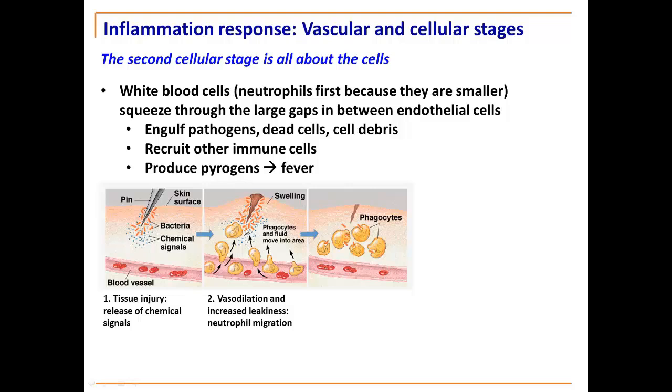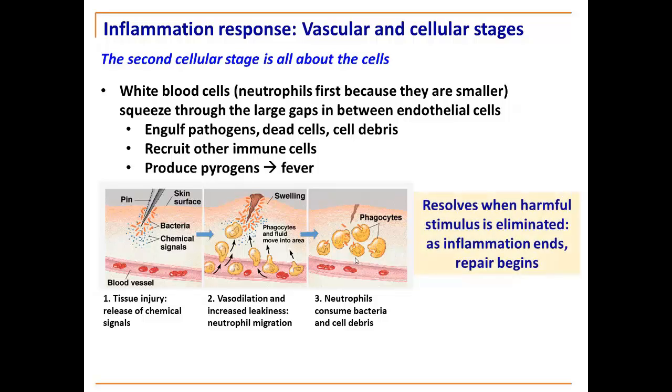So that's leading to our edema. And then, as we start to go into that resolution phase, the neutrophils consume the bacteria and cell debris, and then the macrophages come in and consume those neutrophils that have undergone apoptosis. So it's resolved when the harmful stimulus is eliminated, and as inflammation ends, repair processes begin.